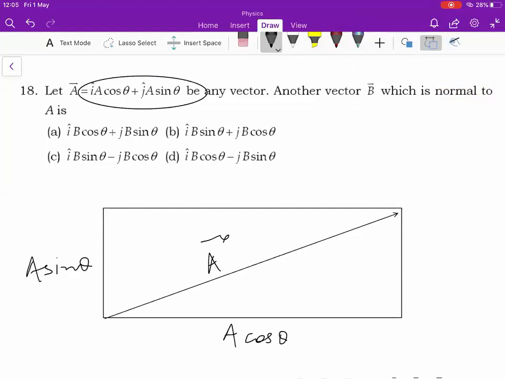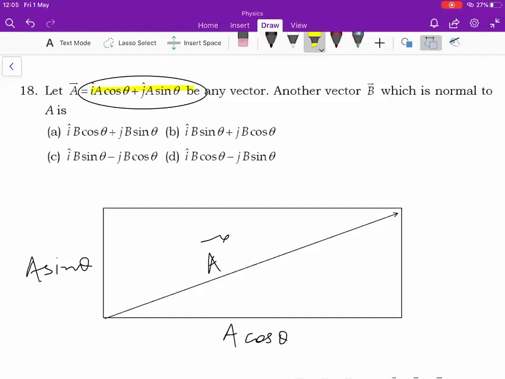Is that clear? A cos theta and A sin theta, these are two components of it. और इसी को आपने ऐसे एक्सप्रेस किया हुआ है in the form of i cap j cap vectors and its addition.